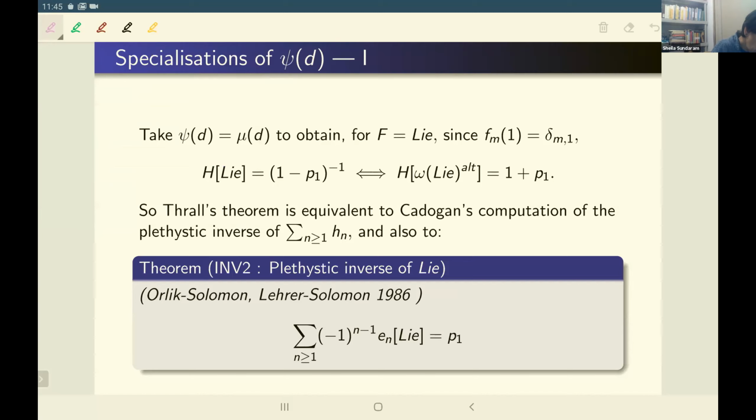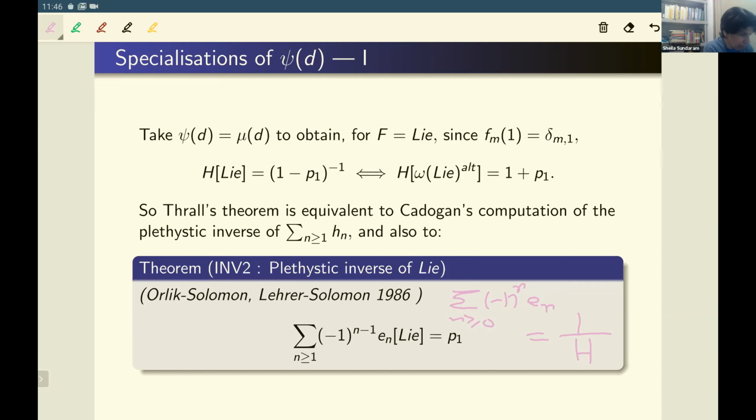Okay. So what I want to do is point out that the sum of (-1)^n e_n is actually 1 over h. So if you know this, here it's just the reciprocal.